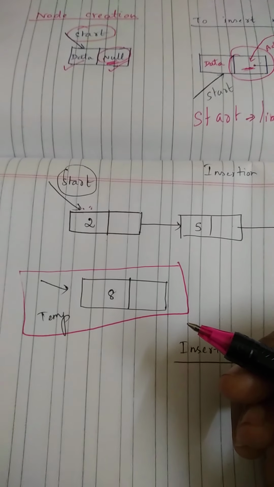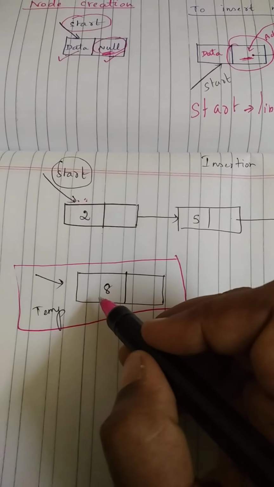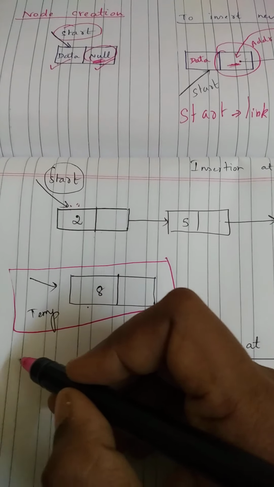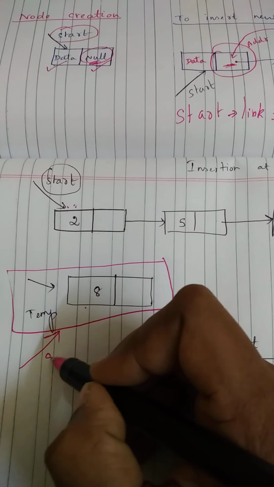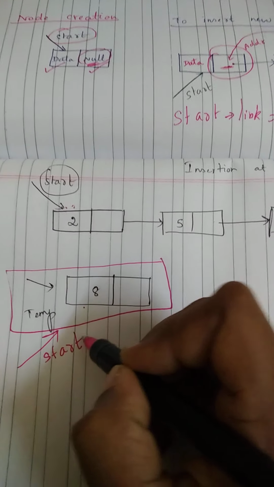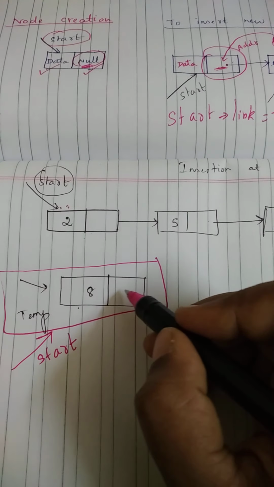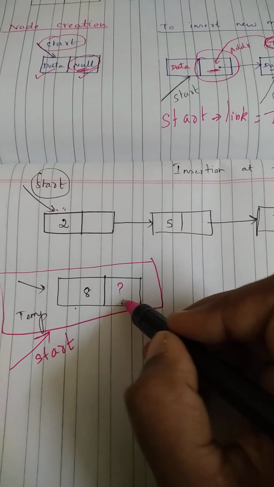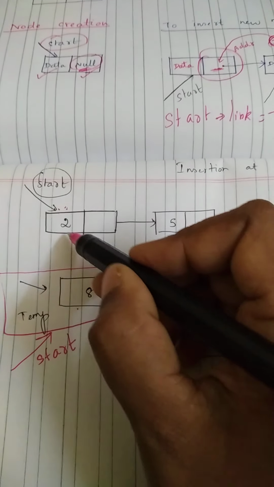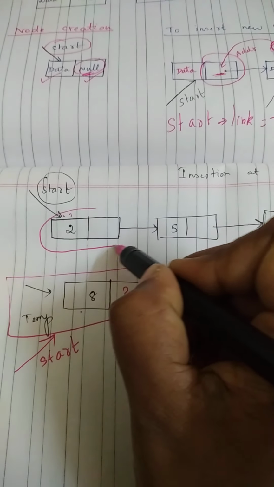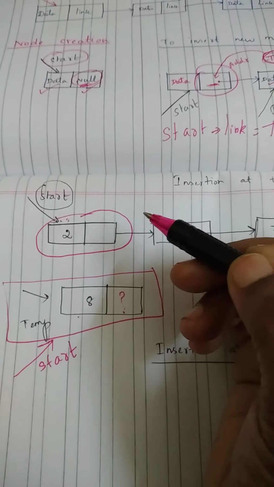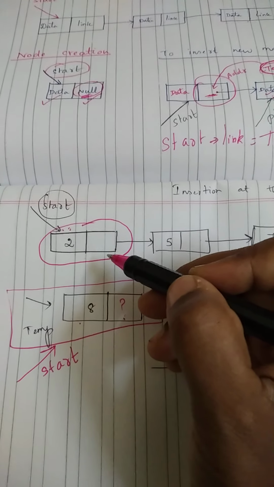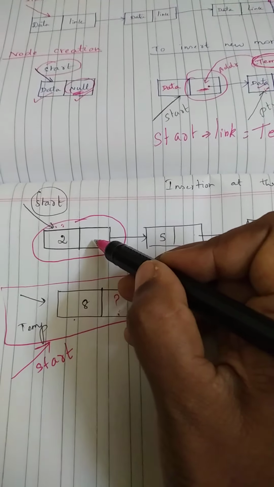What are all the things to be done? After insertion, this node should be pointed to as start. And you have to update this address field, because I am going to insert my element before this node.